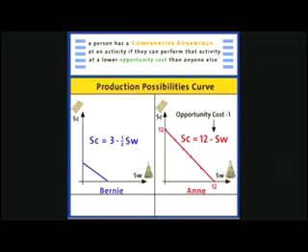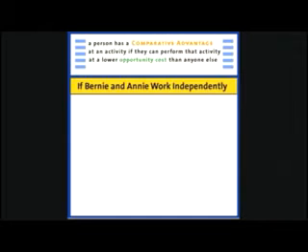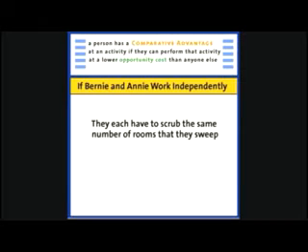You go to a house and it's got 2 rooms in it. You've got to sweep each room and you have to scrub each room in order to clean that house. So the question is, if Bernie and Ann have to sweep and scrub the same number of rooms each, that is, Bernie has to sweep, say, 2 rooms and scrub 2 rooms, and Ann has to, say, sweep 6 rooms and scrub 6 rooms, well, what numbers are going to work out?